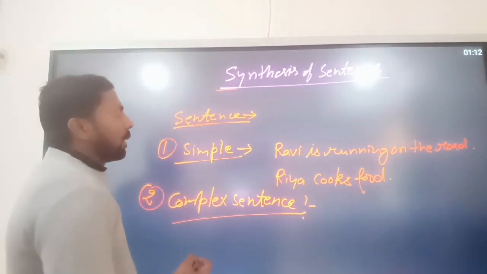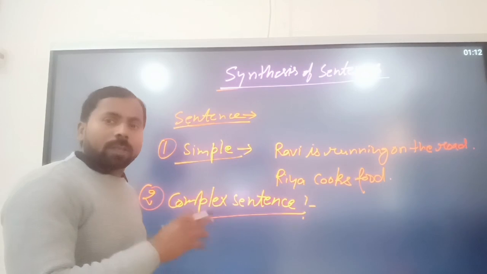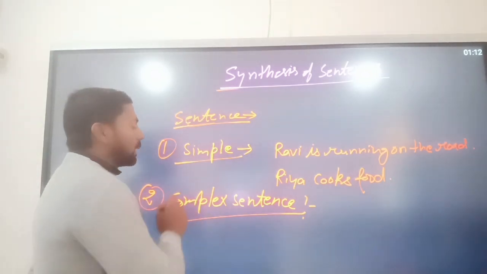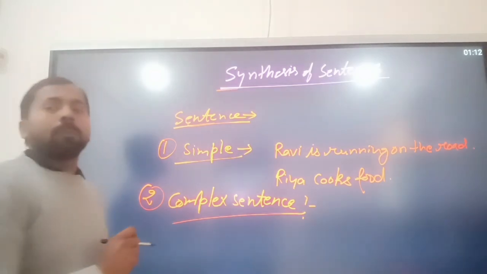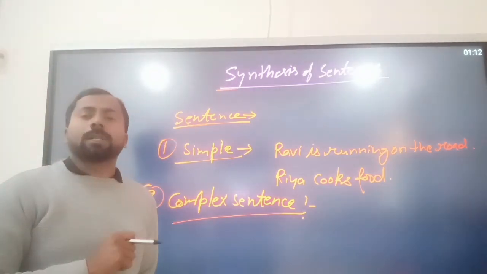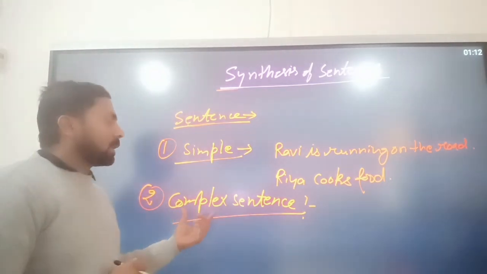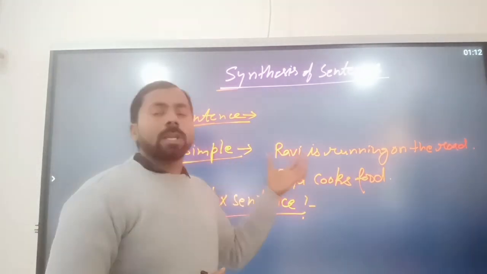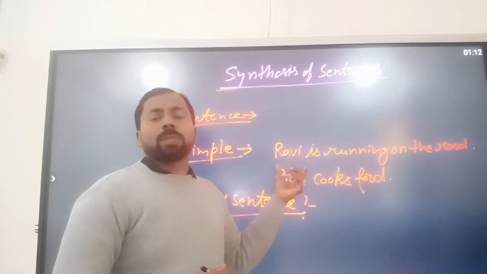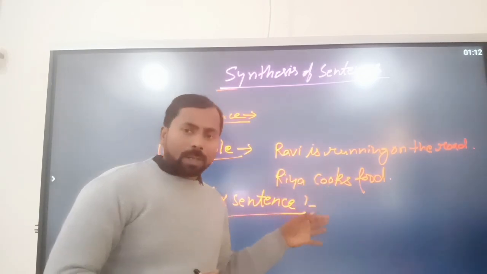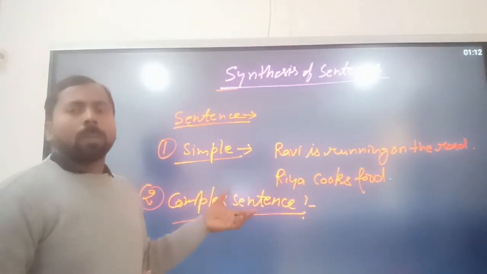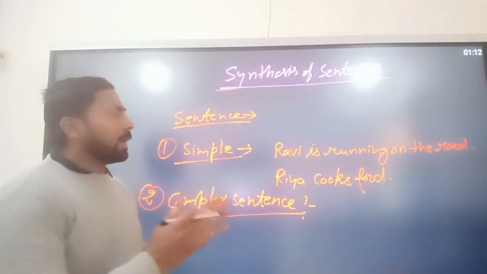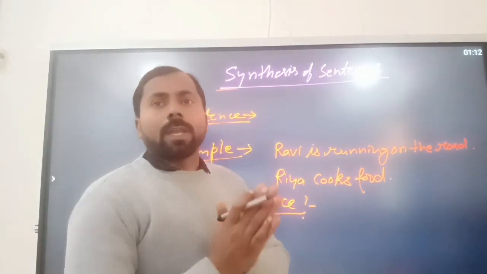So when we combine two sentences and make one sentence, that is known as a complex sentence. The difference between the complex sentence and the simple sentence is that in a complex sentence we have two clauses, and the simple sentence has only a single clause with one subject and one finite verb. But in the complex sentence we have two subjects and two helping verbs or finite verbs, and it is combined with a conjunction word.